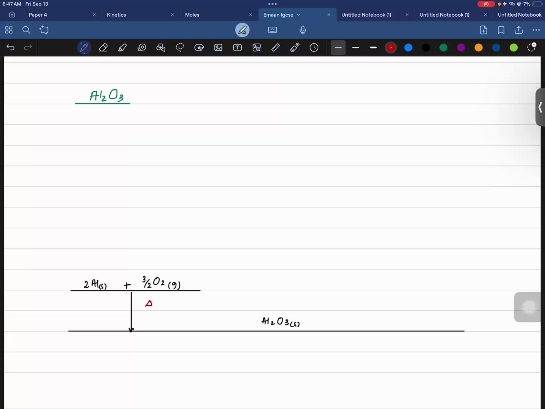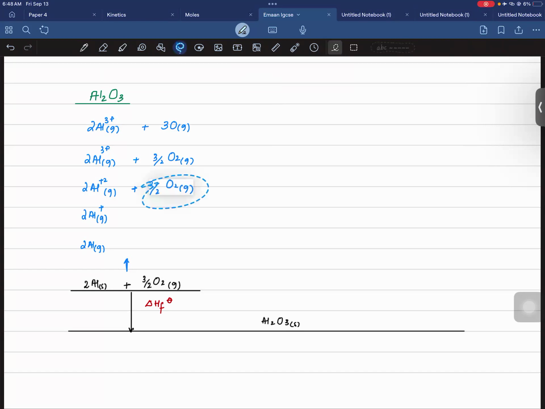This is enthalpy change of formation. This is 3/2 to balance this equation. Then this is gas, +1, +2, +3. Okay.